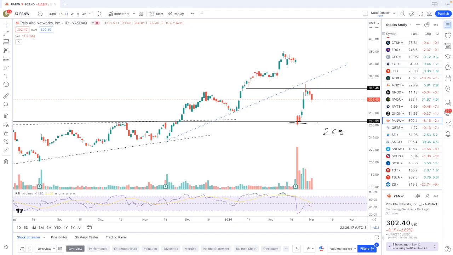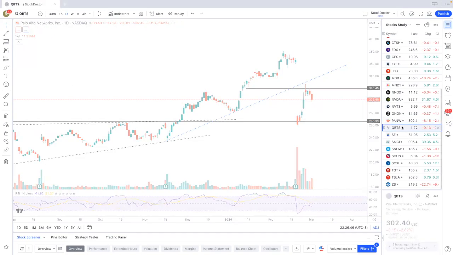It respected that support, and then again it went till 320. Now this stock is in a channel between 320 and 266. Next upside will come only if it stays above 320, and then it would go for 350, 380, and 400. So we need to see if it manages to cross 320, then only it would be advisable to add the position.